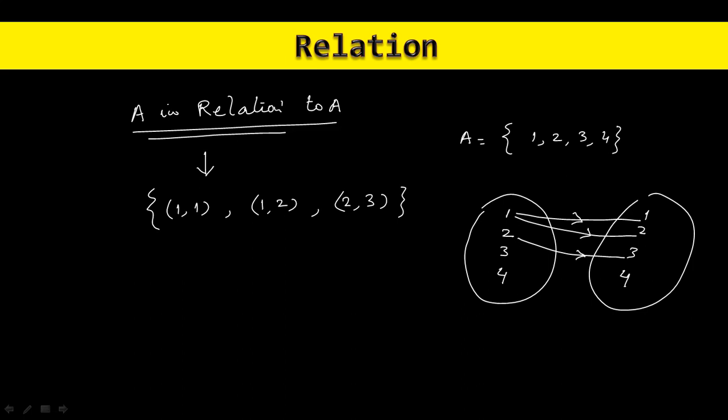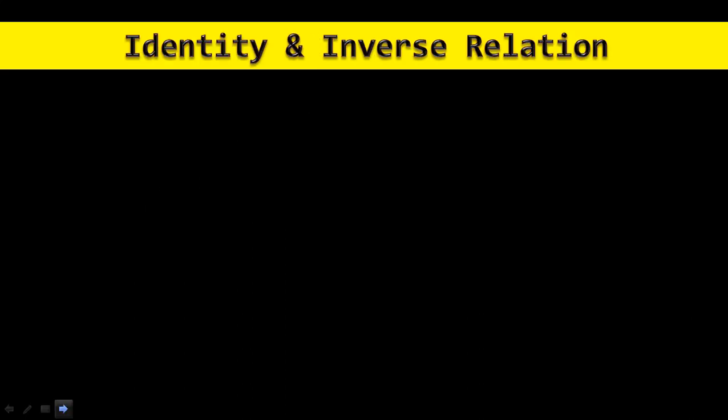Now, what about the next topic? What is the meaning of identity and inverse relation? If I am talking about the first topic, that is identity. If I am writing y is equal to x, that's known as identity.